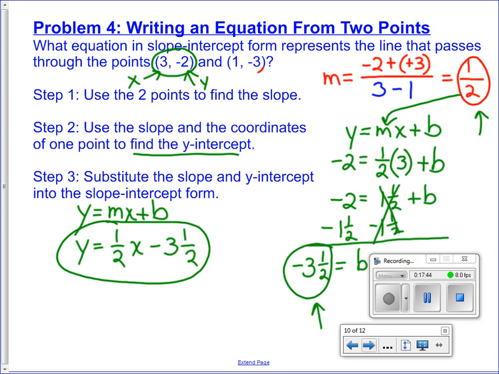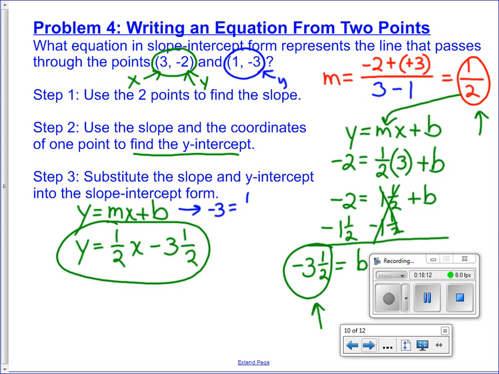Now, just to show you that it doesn't matter which point I pick, I'm going to do the same thing with (1, -3), and show you that we're going to get exactly the same equation. So, using my y = mx + b form, I'm going to substitute in negative 3 for my y.